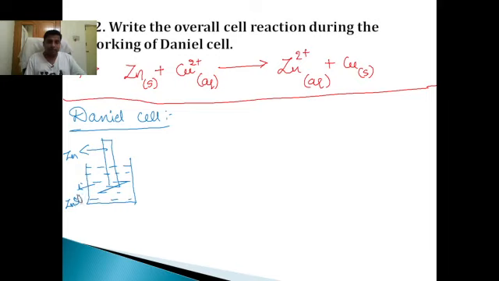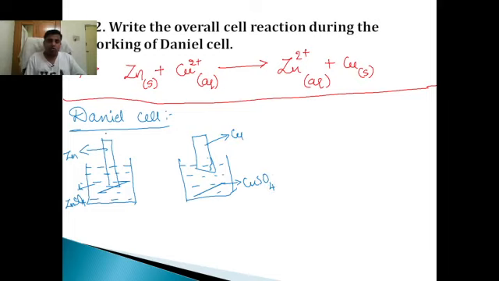Am I correct? And also it consists of a copper rod dipped in copper sulfate solution.